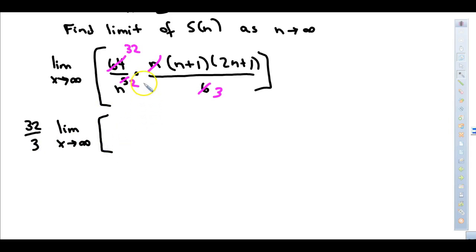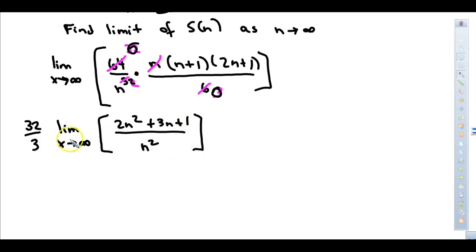That is actually a power of 2 right there, that's not a scalar. So I'm left with n plus 1 times 2n plus 1 on top. If I multiply that out, I get 2n squared plus 3n plus 1. And on the bottom, I get n squared.